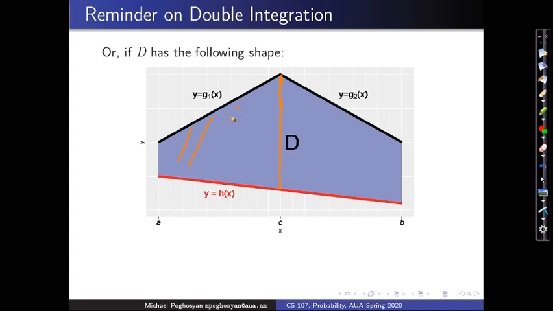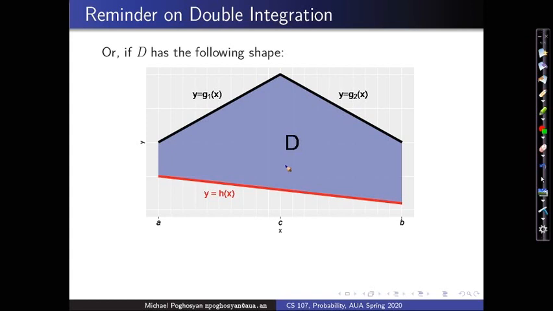This is the first set, and this is the second set. Because the integral is additive, the integral over D can be decomposed into the integral over D1 and the integral over D2.